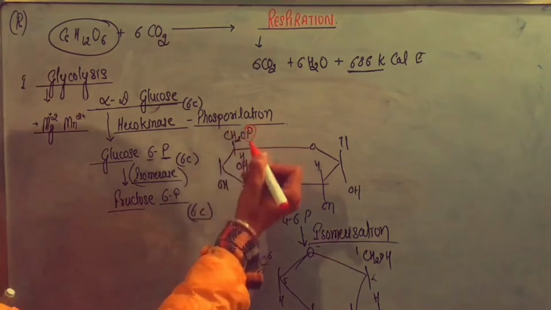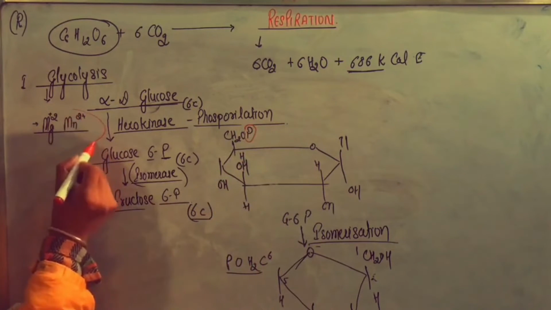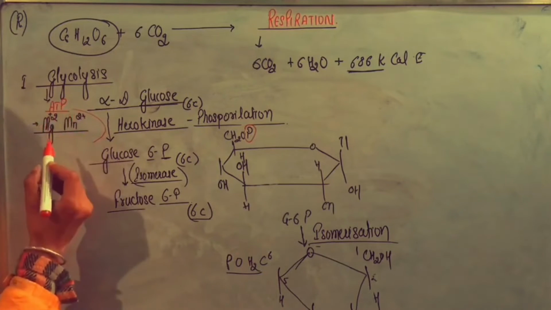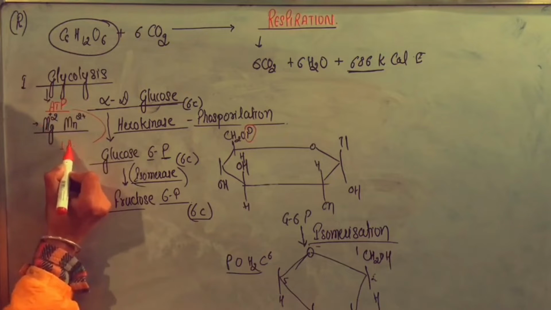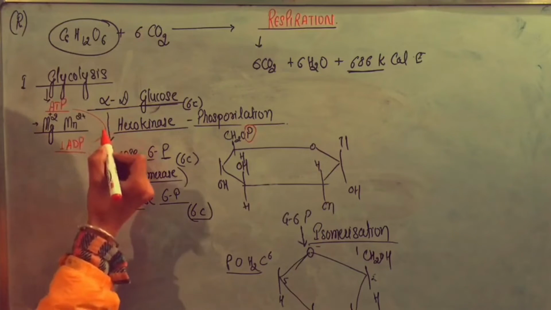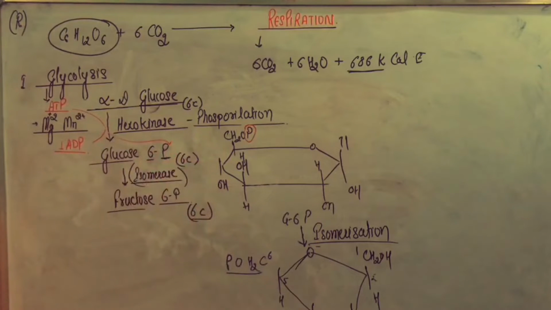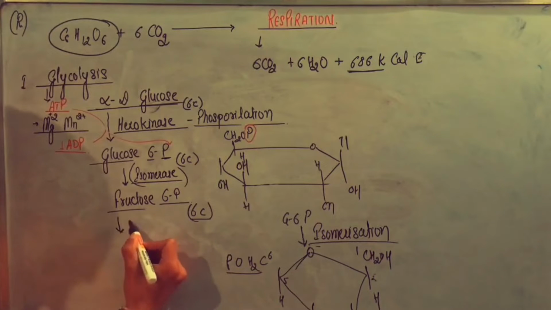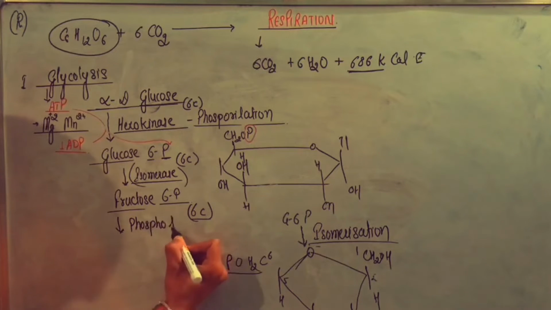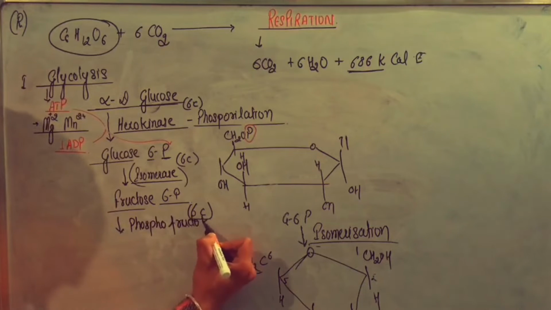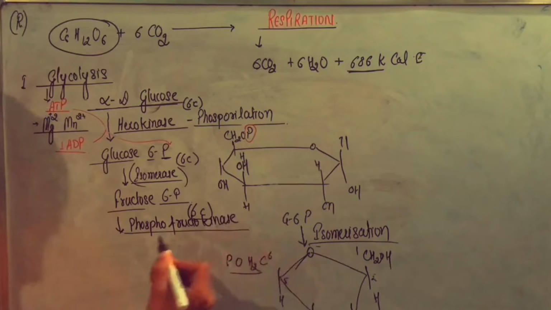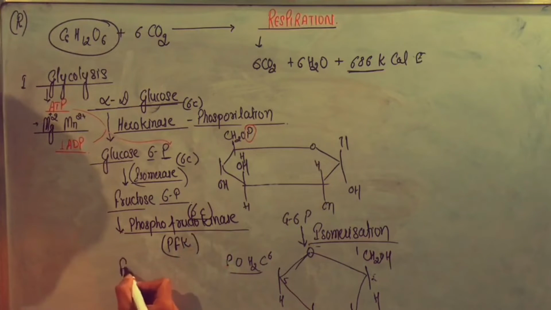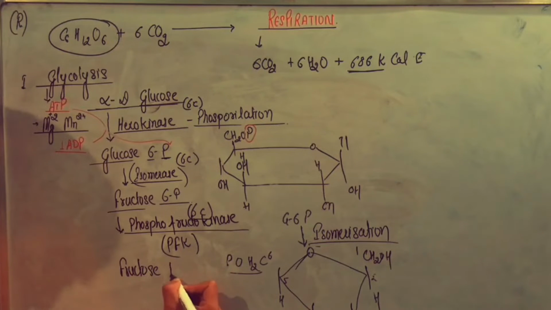In the formation of glucose 6-phosphate, the phosphate group is provided by the molecule of ATP, which is converted into ADP, and one phosphate group attaches to the 6th position. This fructose 6-phosphate is then converted, in the presence of the enzyme phosphofructokinase, or PFK, into fructose 1,6-bisphosphate.